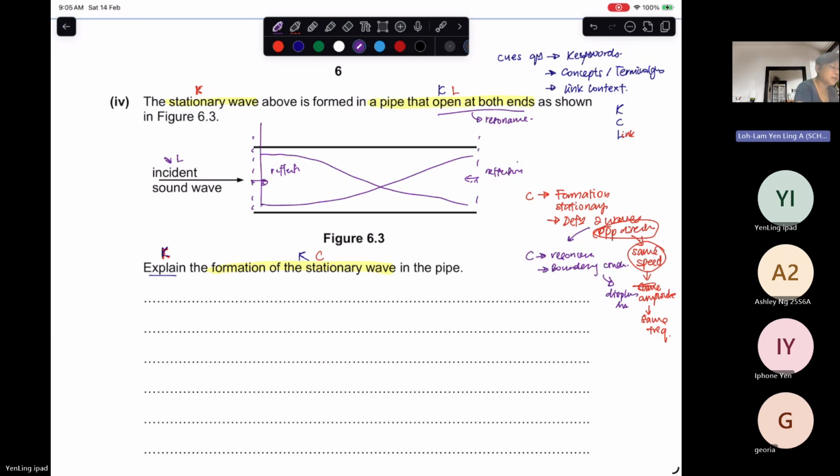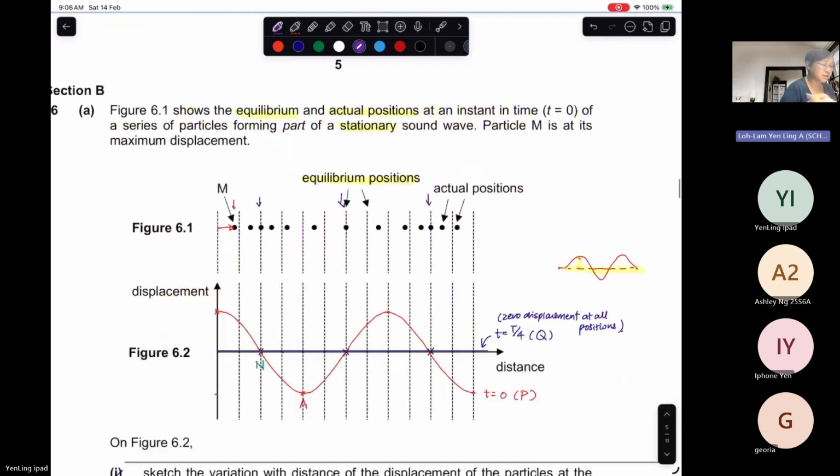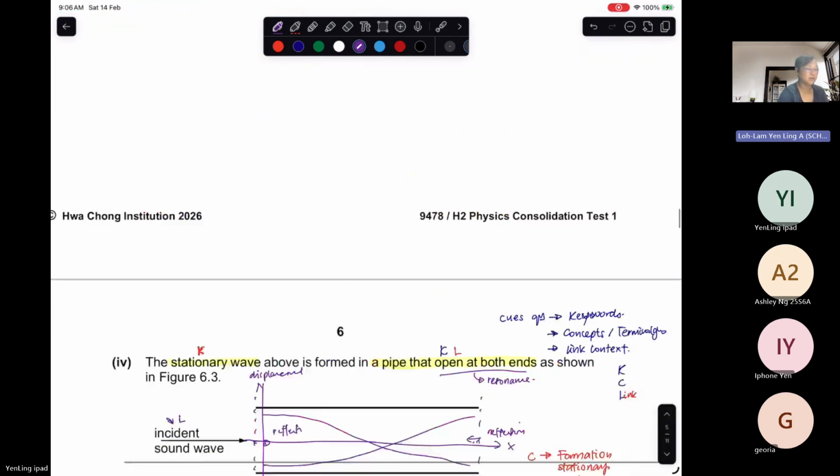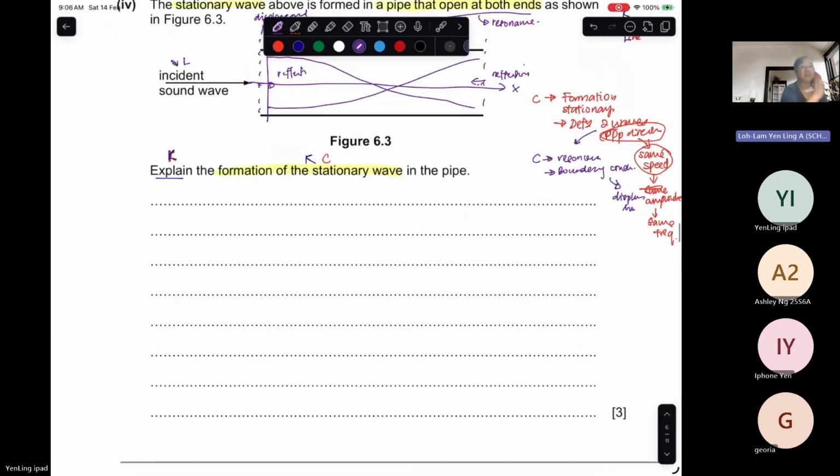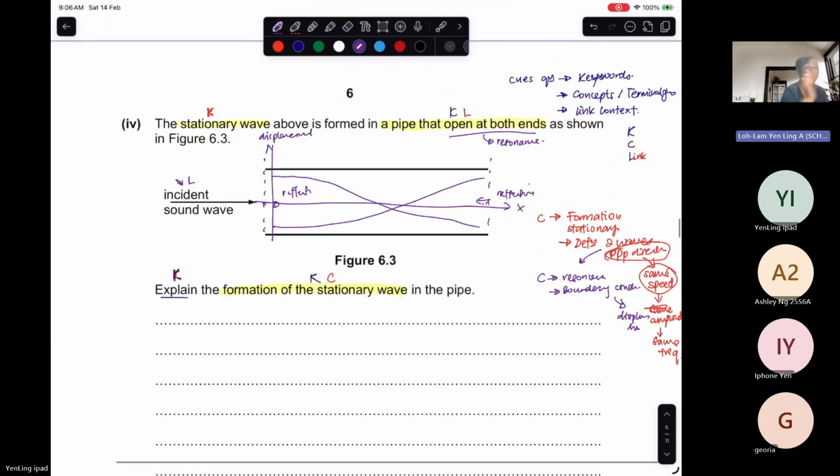It is actually a displacement versus X graph, a position graph along here. So what is actually happening is that the particles are moving, like in the animation that I showed earlier. Okay, so it's actually a longitudinal sound wave.